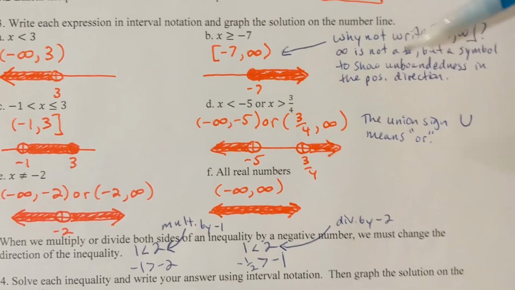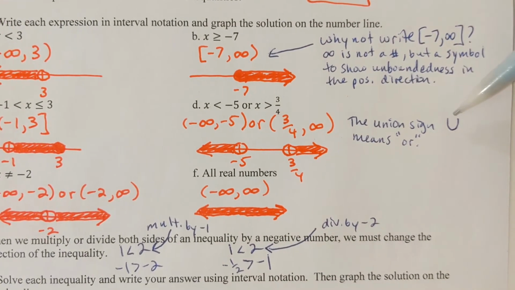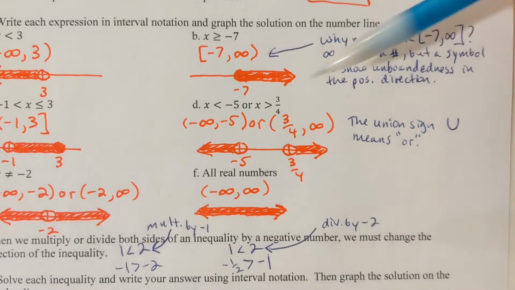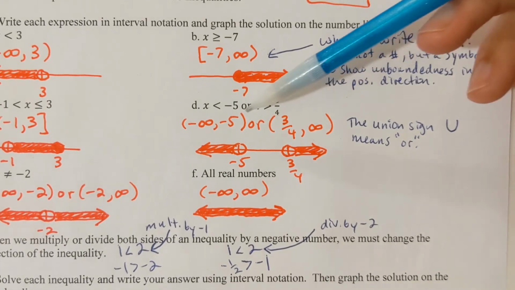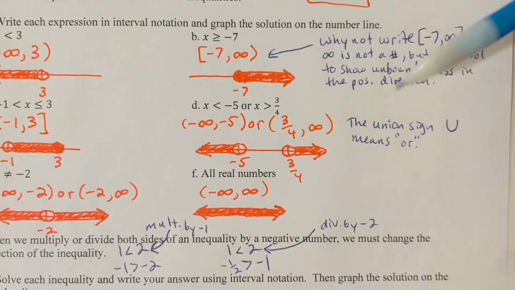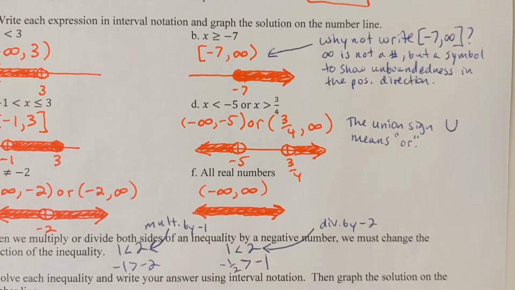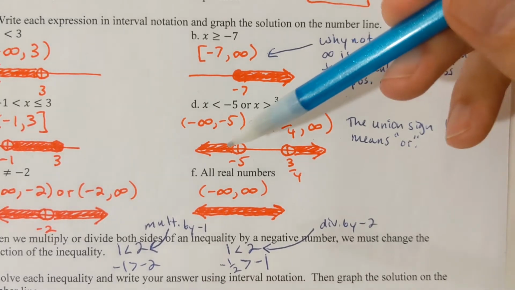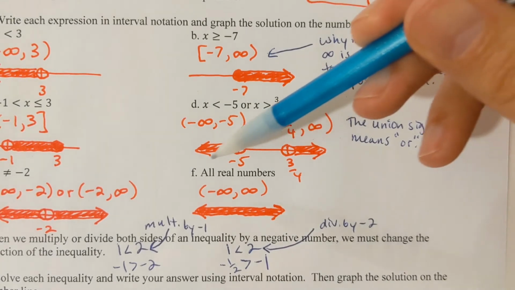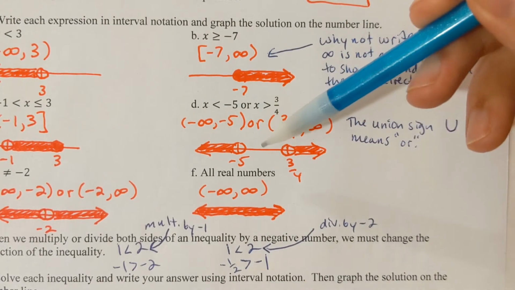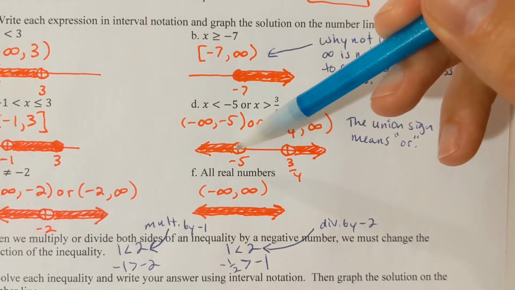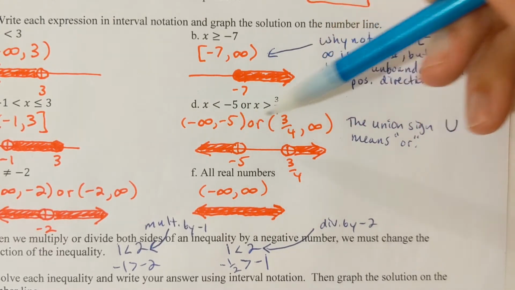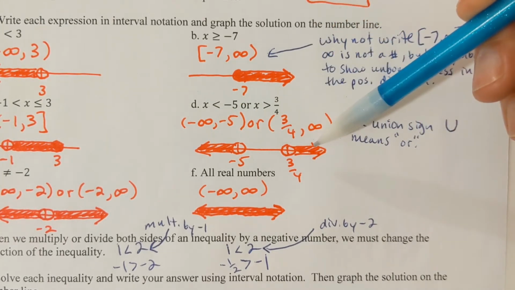The union sign, which you'll see in the book on occasion, is this symbol here, and it's used to represent the word or. You can write the word or, it's only 2 letters, or you can use the union sign here. They both mean the same thing, like I said. On the number line, I'm going to have 2 regions to shade, because you're going to be either less than negative 5, so you're over here, or you're bigger than 3/4, which means you're over on the other side.